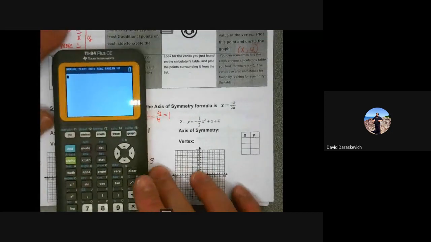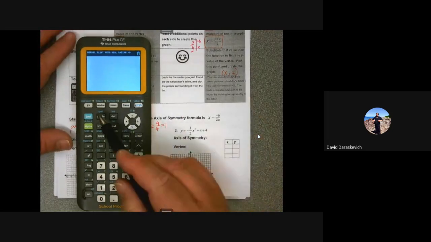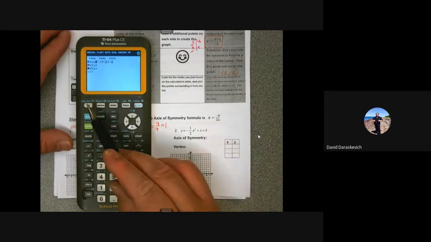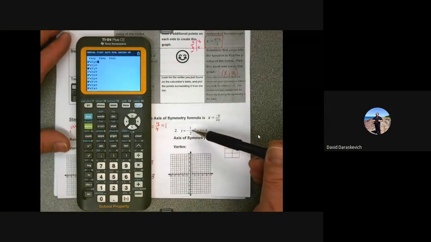So here's my calculator. I'm going to scoot this out so you can see what buttons I'm hitting here. Okay. So we're graphing, right? This is the whole purpose of this. We're graphing functions, quadratic functions. So I'm going to go to my y equals button and put this equation in.